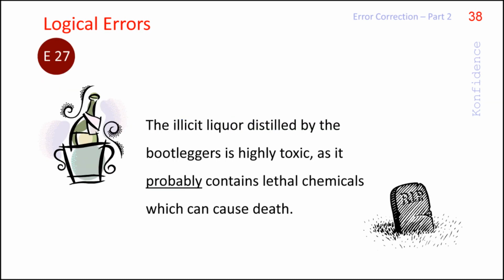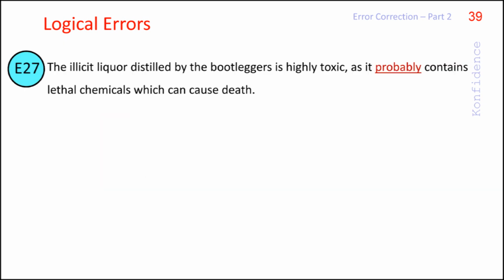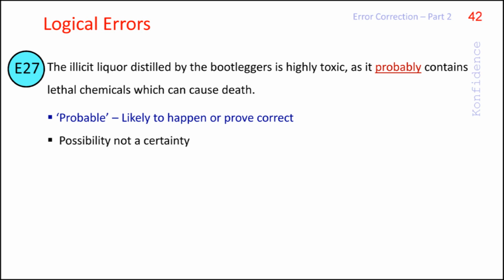Look at this sentence given in the slide. In this sentence, the underlined word probably is used wrongly. Why? Probable means likely to happen or prove correct. The word expresses a possibility, not a certainty.